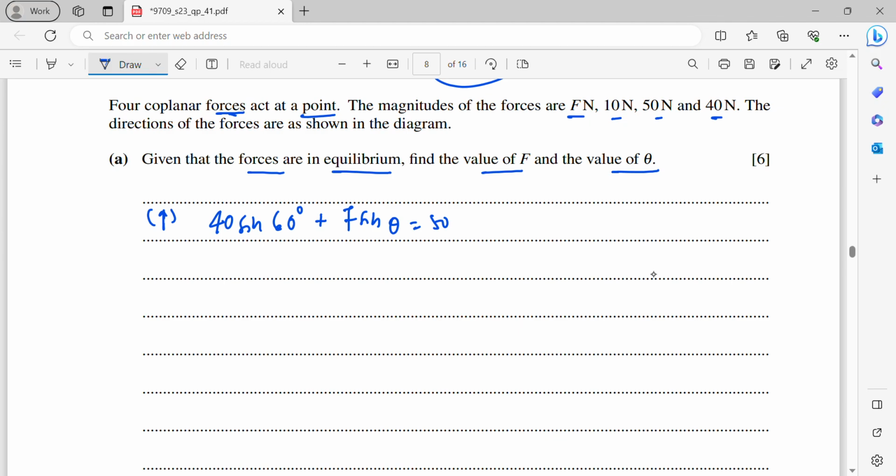Then from here I will simplify. 40 sine 60 is basically 20 square root 3 plus F sine theta equals 50. Then I can get my F sine theta as the subject. So it will be 50 minus 20 square root 3. That is my first equation, because we need to find the F.